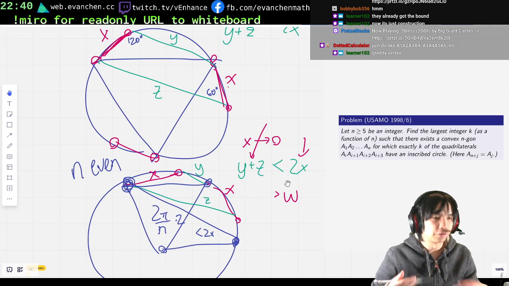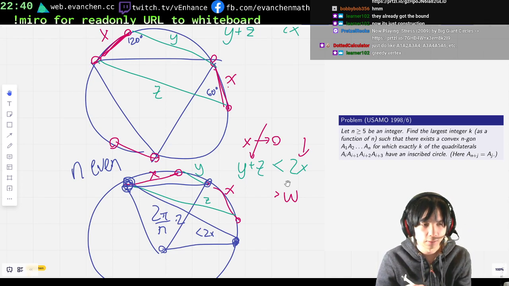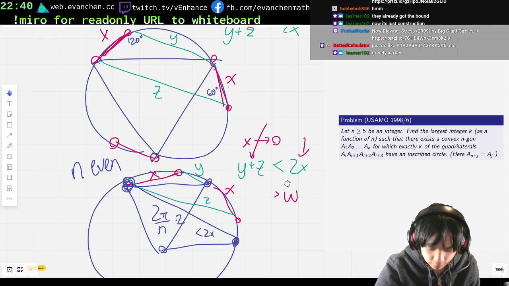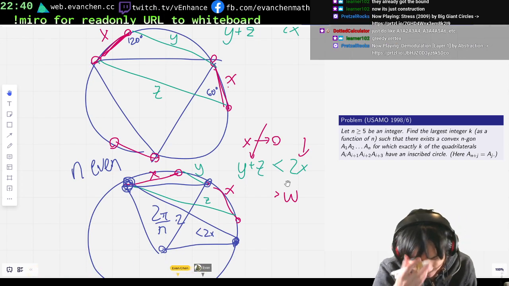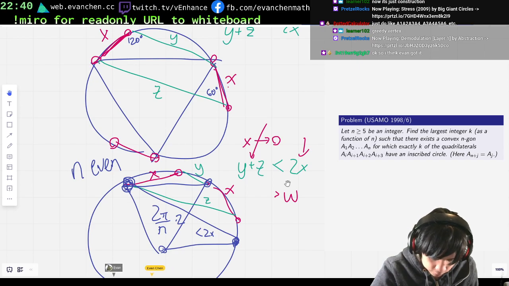So for example, for n equals 7, I need 1, 2, 3, 4, 3, 4, 5, 6, 5, 6, 1, 2. So I actually need the first two vertices to still kind of work or something like that. Jeez, that's so annoying.